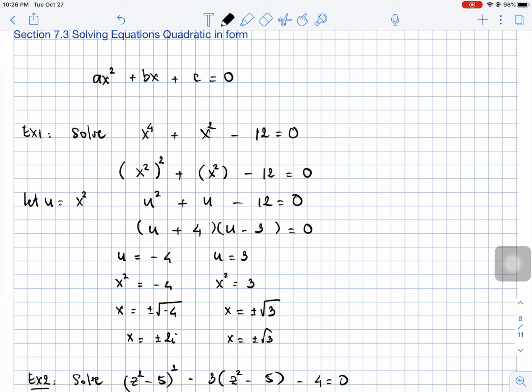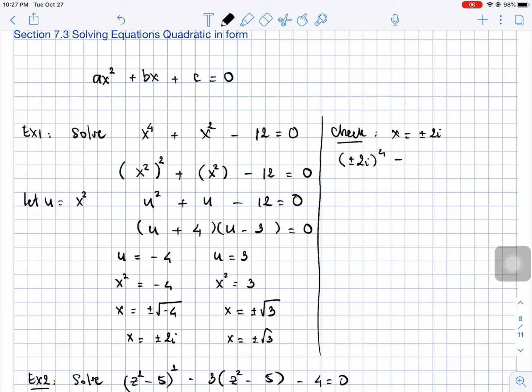Then to solve for x, we will take the square root property. Then x equals plus minus square root of negative 4, and then x equals plus minus square root of 3. Then x equals plus minus 2i, and x equals plus minus square root of 3.